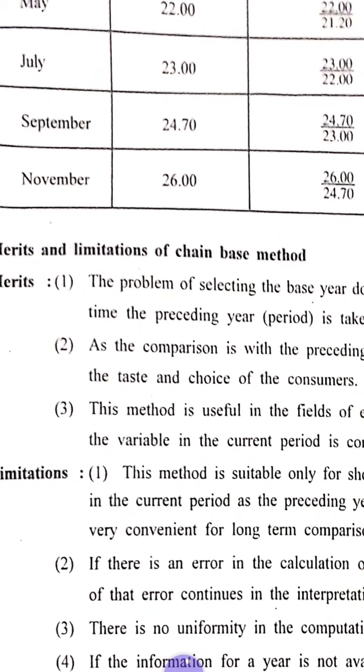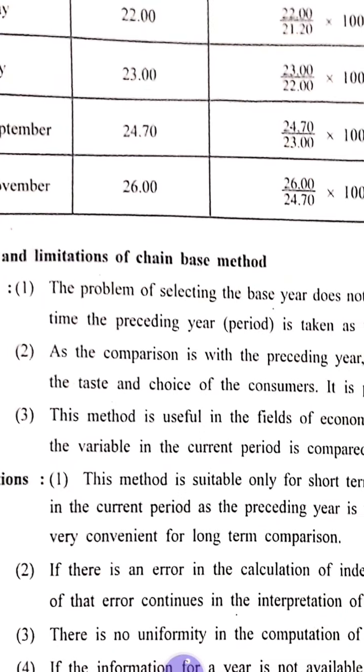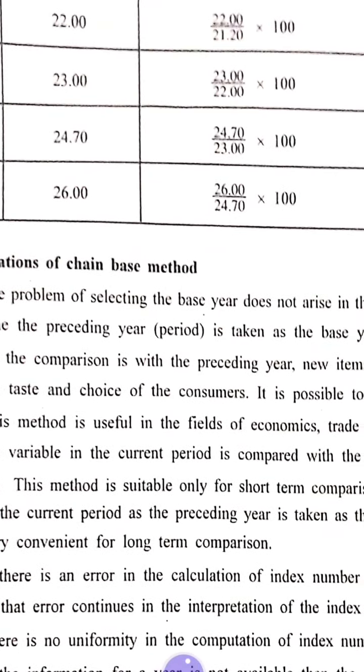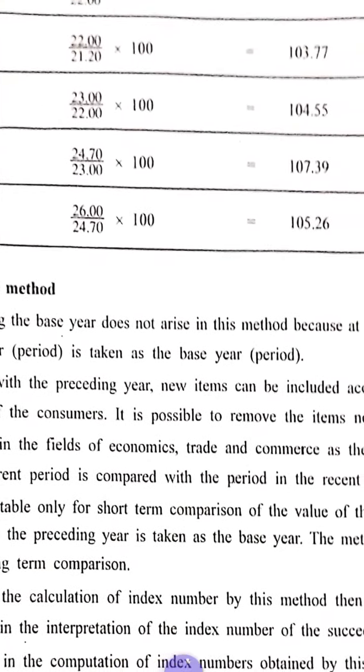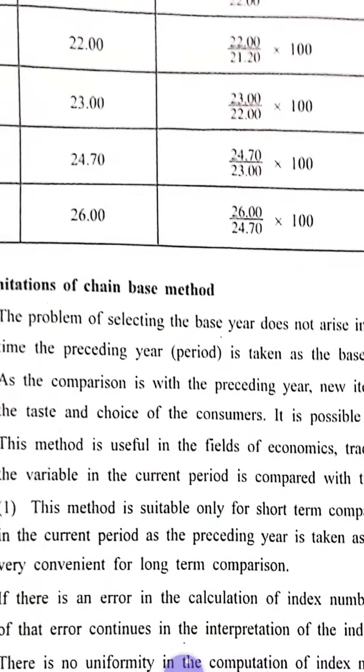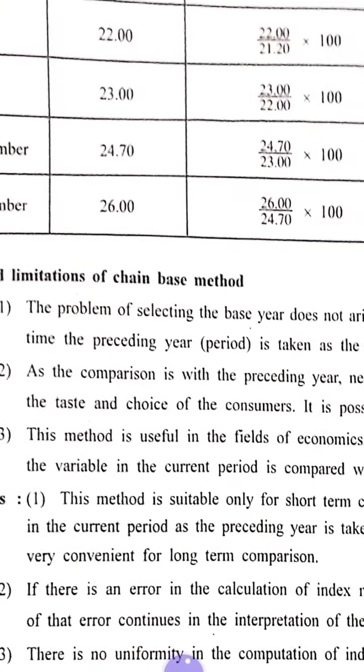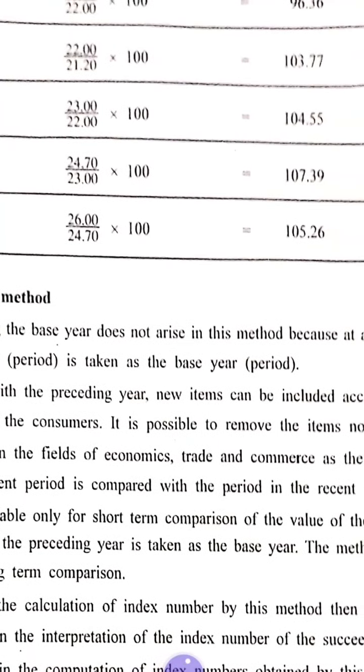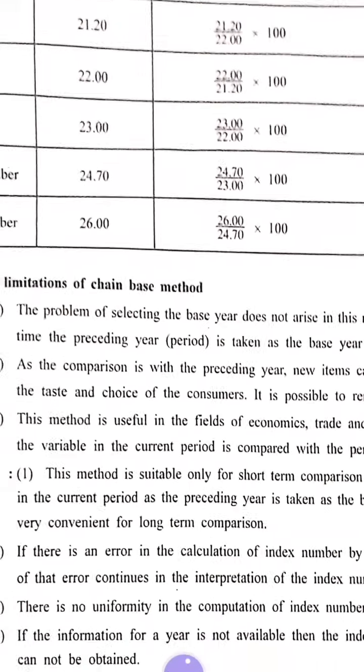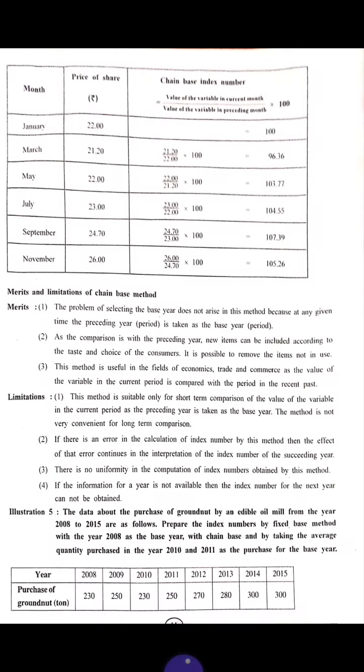So we'll see the first one. The problem of selecting the base year does not arise in this method because at a given time the preceding year is taken as the base year. Yes, children, you would find there is no such problem to find out the base year, because we know that in chain based method, in the denominator we always take the price of the previous or preceding year.